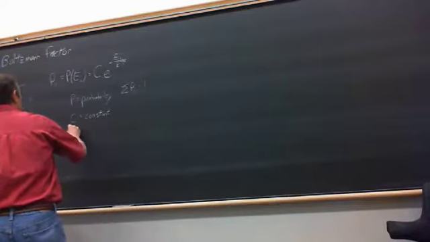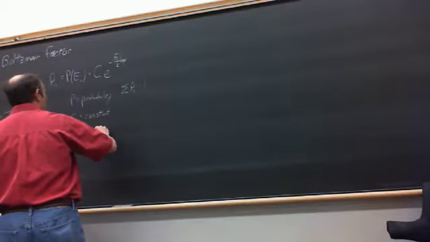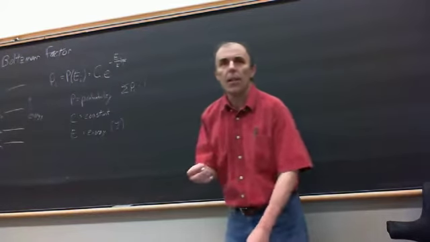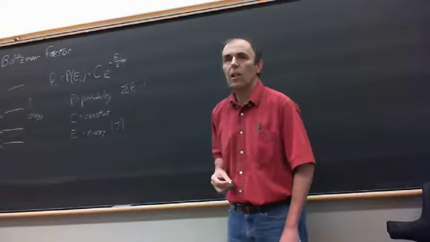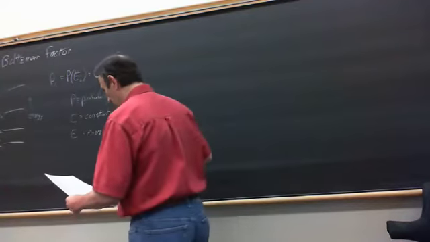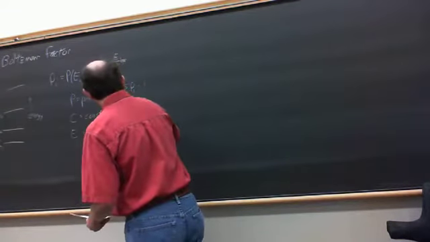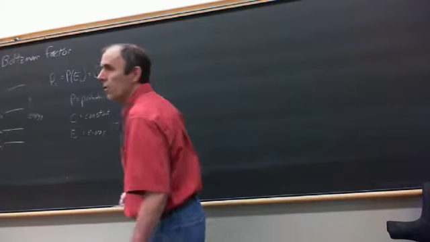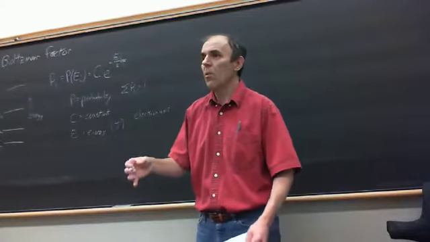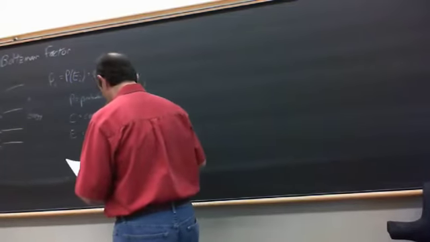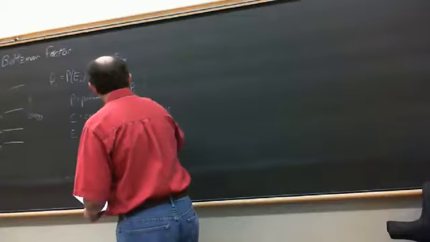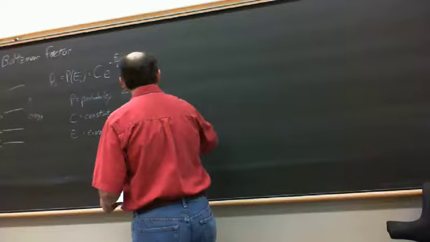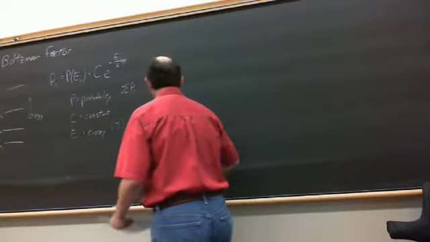E is the energy. The energy would be in joules, but sometimes when we're dealing with molecular energy levels, we're going to use a different unit, the electron volt, which is just another unit of energy, even though it says volt. It's related to the joule by 1 electron volt being 1.6 times 10 to the minus 19 joules.